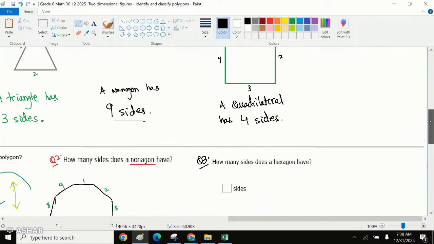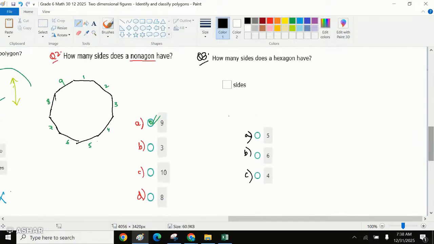We did previously, right? We give the names, number of sides, and the names, right? The shape of the hexagon is something like this. Now, can anyone give me the number of sides? We need to revise the names and the number of sides so that it's easier. When we hear the name, we would know how many sides there are.